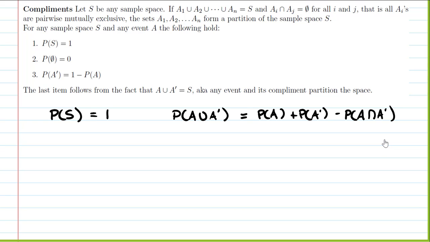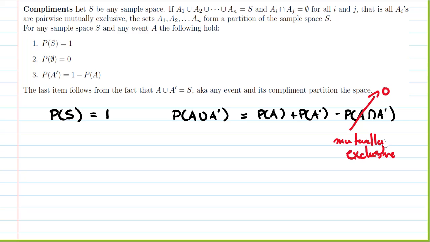Well, a couple of things are going to happen here. So first of all, event A is that something happens and event A complement is that the event doesn't happen, so they are always mutually exclusive. So this is 0 because they're mutually exclusive. So the probability of A union A complement is the probability of A plus the probability of A complement.